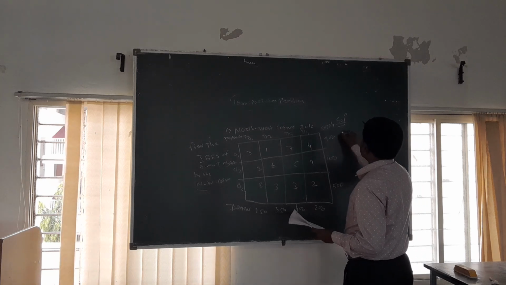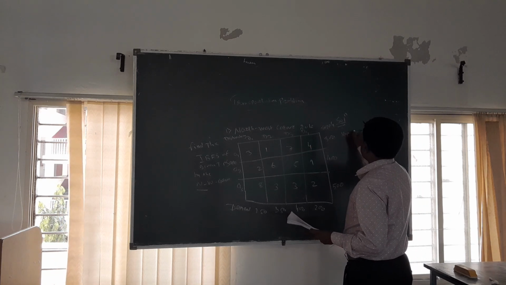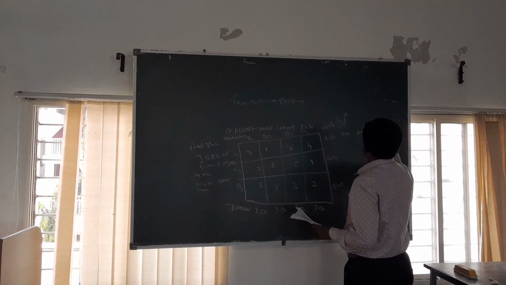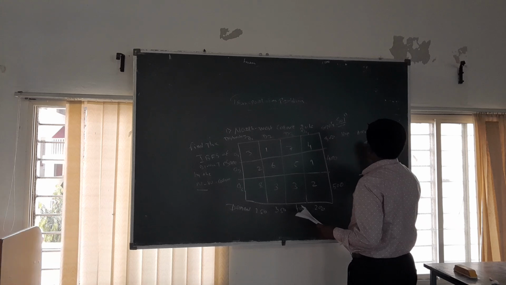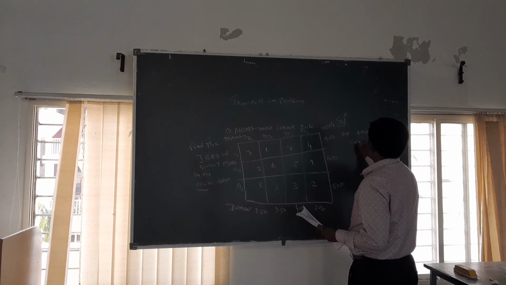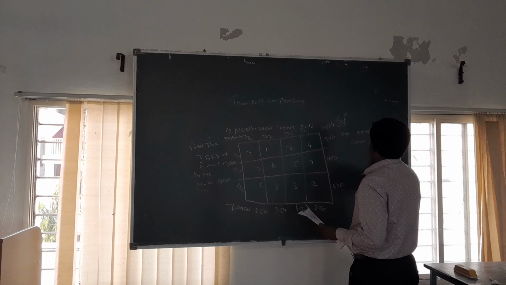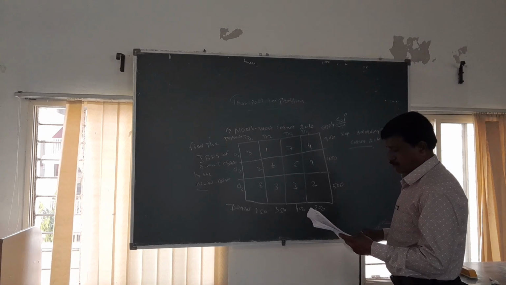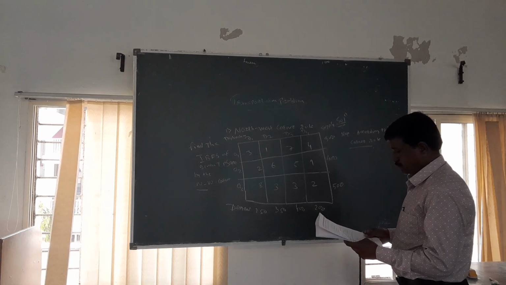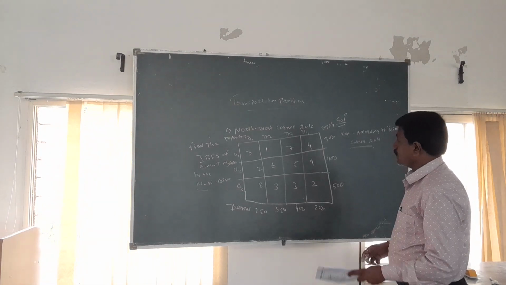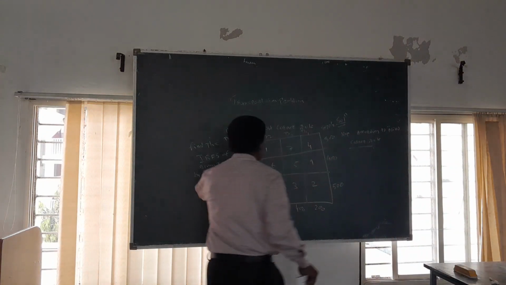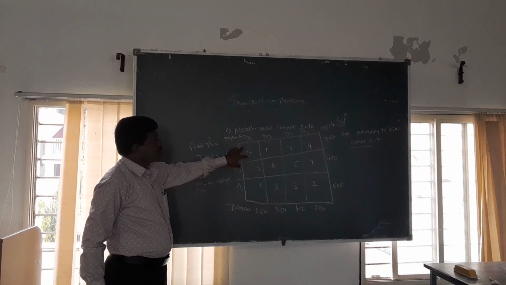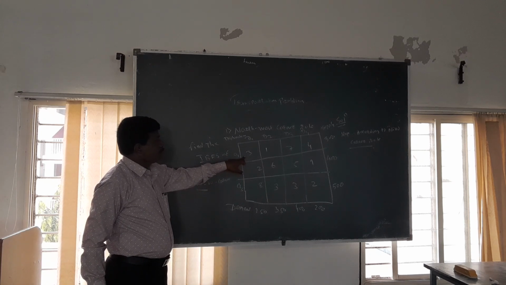According to the northwest corner rule, we start the allocation at the first corner, that is the NW corner.